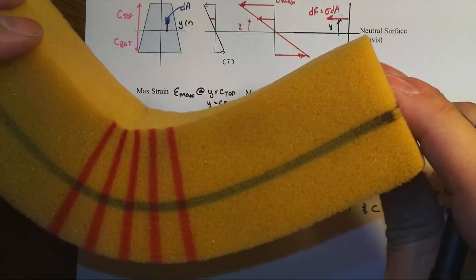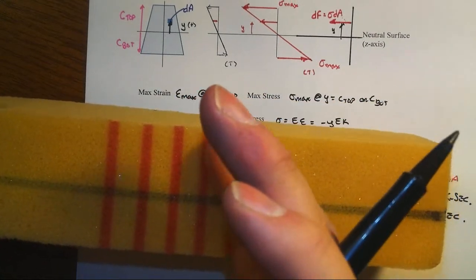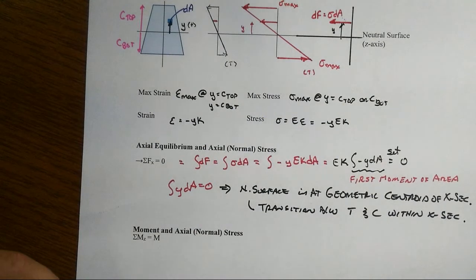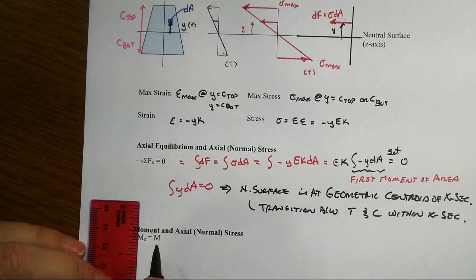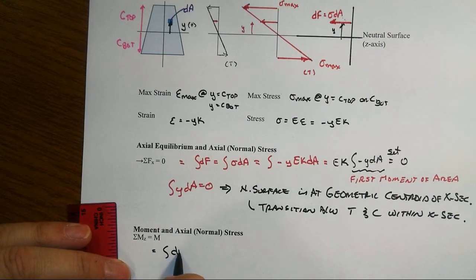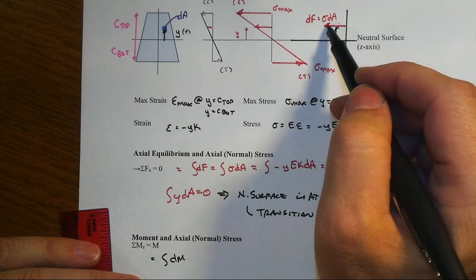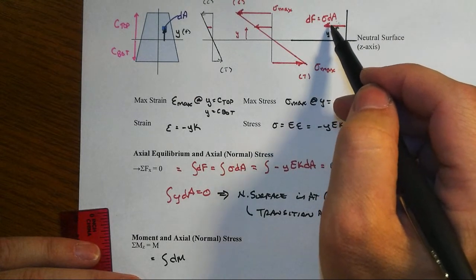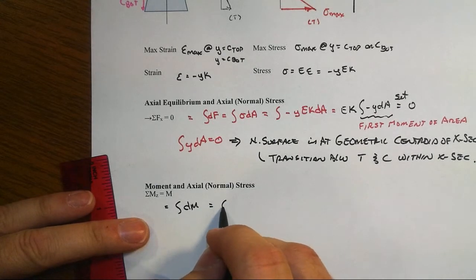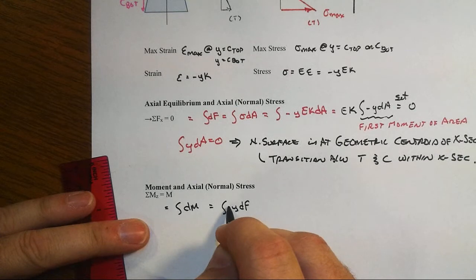We're talking about the internal moment that caused it to want to rotate. So that means we want to integrate all the tiny differential moments. I'm talking about the moment of this differential force, dF, times its perpendicular distance.